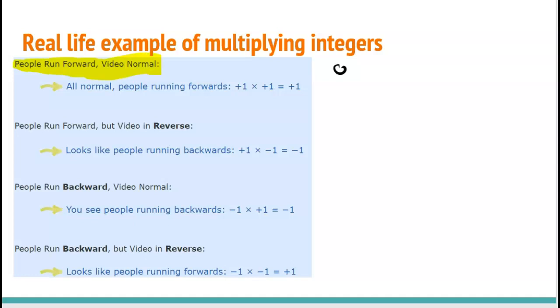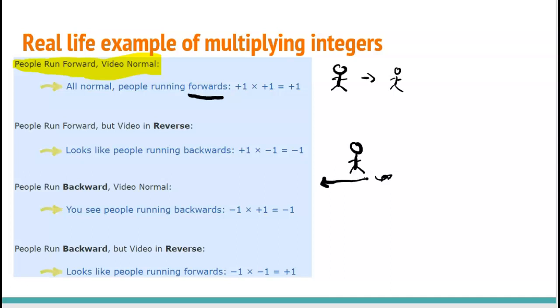Here's my little dude just going forward. Normally, people are going to run forwards. Well, what would happen if people are running forward, but you put the video in reverse? I'm expecting them to go this way, but if I play it in reverse, it's going to look weird. They're actually going to run in the opposite direction.